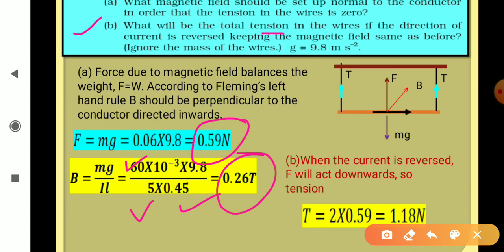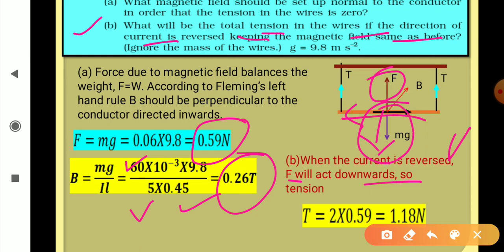Now comes the second part of the problem. What will be the total tension in the wire if the direction of current is reversed, keeping its magnetic field same? Now if the direction of current is reversed, then the force which is upwards will also come downwards. When the current is reversed, F will act downwards, and in that case this F and mg will be added up, and the tensions will be the sum of these two, right?